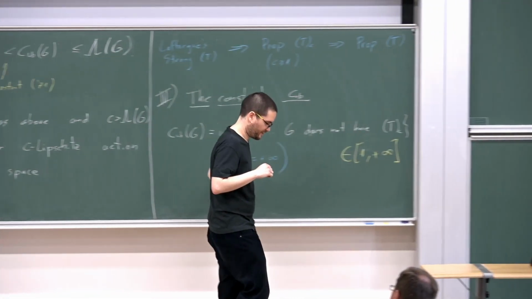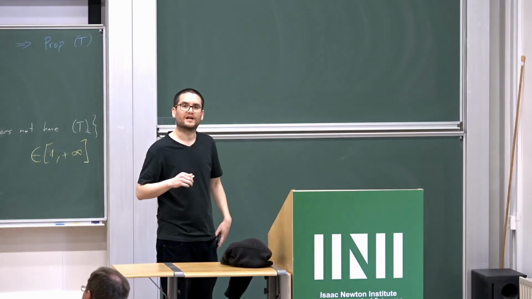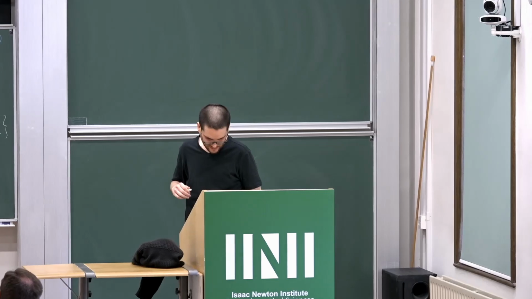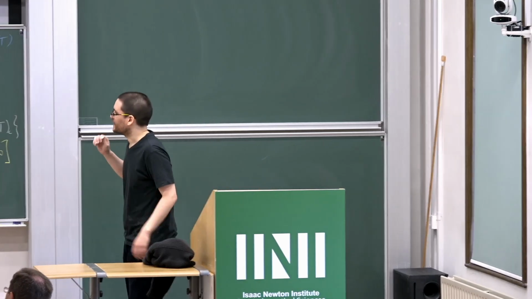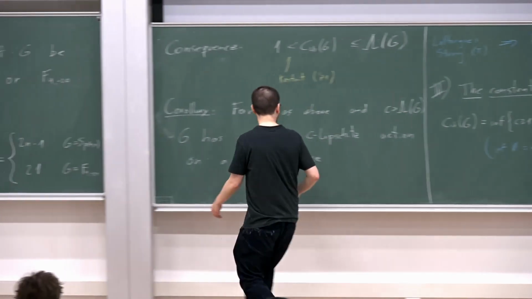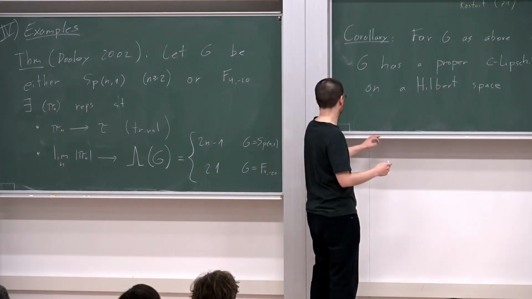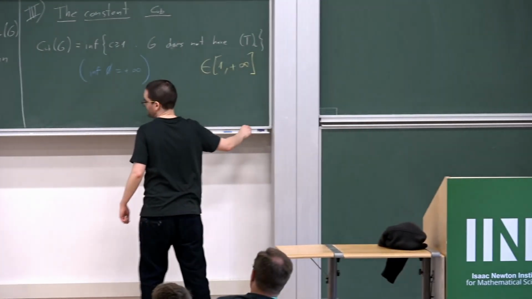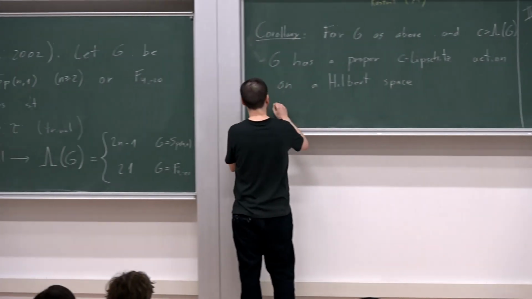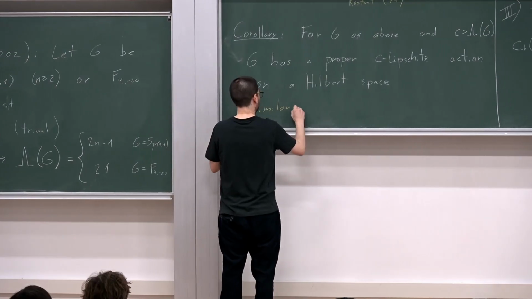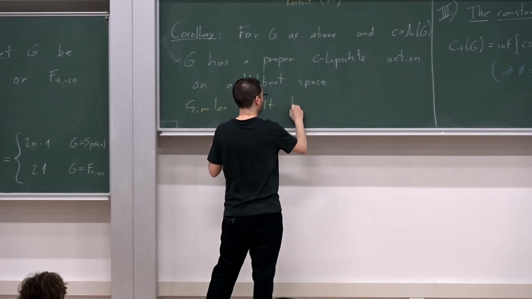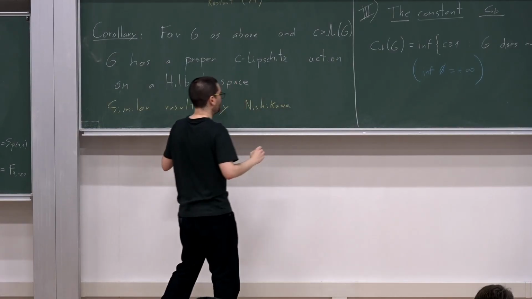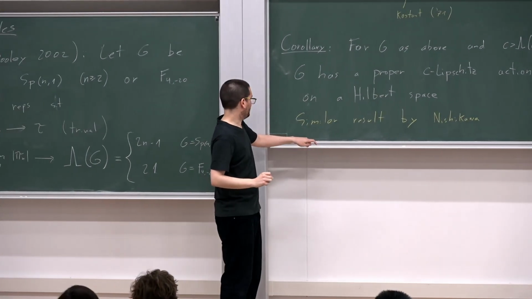I have just a few minutes, so I'm not going to write the next part. Oh, I have to mention Nishikawa. He was already mentioned in a few talks. As has already been said, there are similar results by Nishikawa, from 2020, I think.